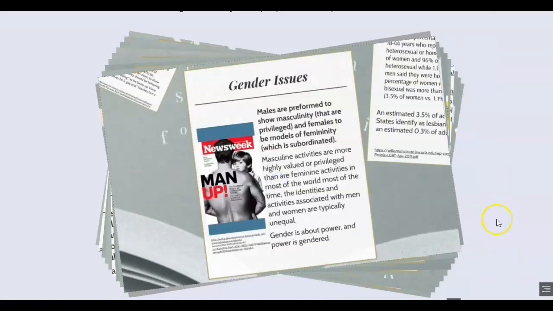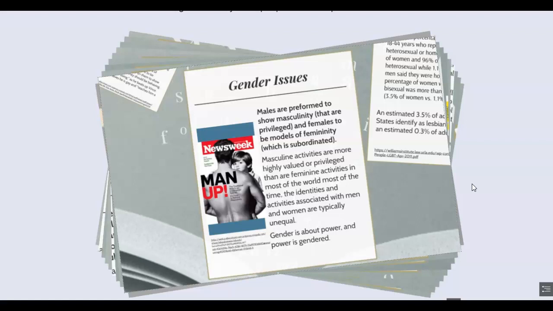So we have this magazine cover that says Man Up, and it's got a picture of a man holding his child, which is a very non-traditional view of masculinity or manhood. So males are expected to perform masculinity. They are privileged, and females are expected to be models of femininity, which is subordinate.